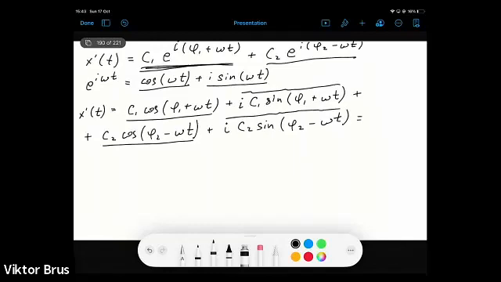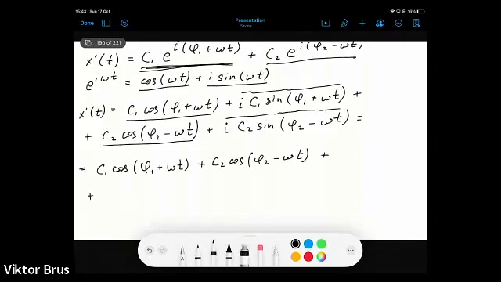So that will be equal to C1 times cosine (φ1 plus ωt) plus C2 times cosine (φ2 minus ωt), and plus, now we are done with the real part.